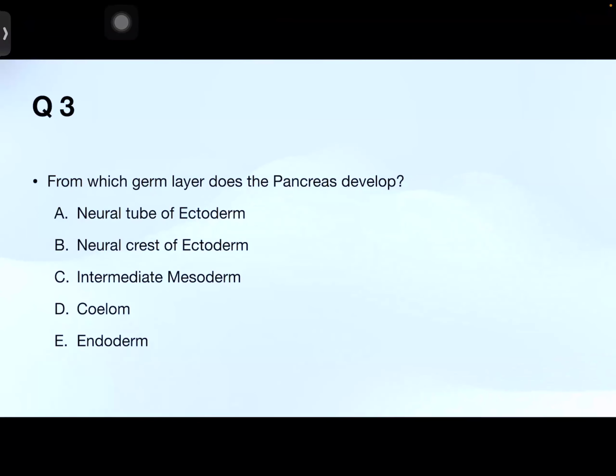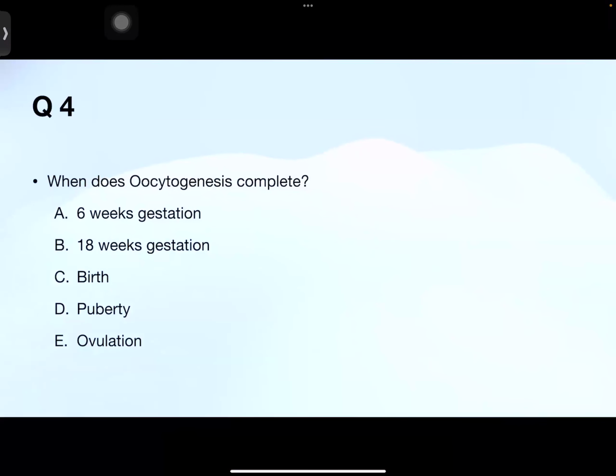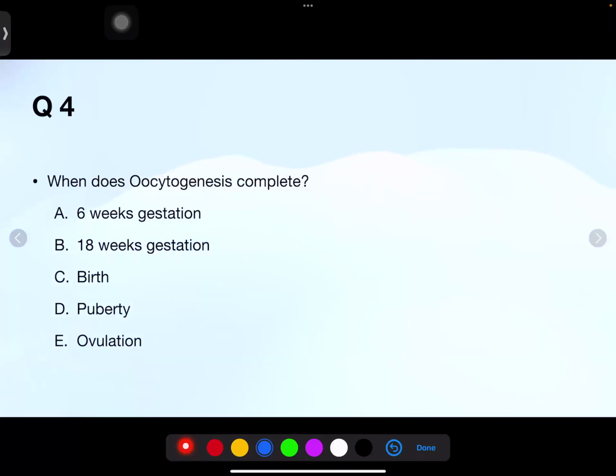Okay. From which germ layer does the pancreas develop? All of you must know that the pancreas and all the GI organs, an easy way to remember, are formed from the endoderm. And this question: when is oogenesis complete? Oogenesis means oocytes. So when would it be completed?